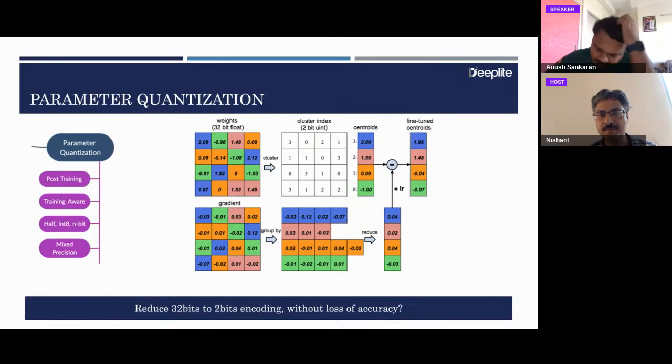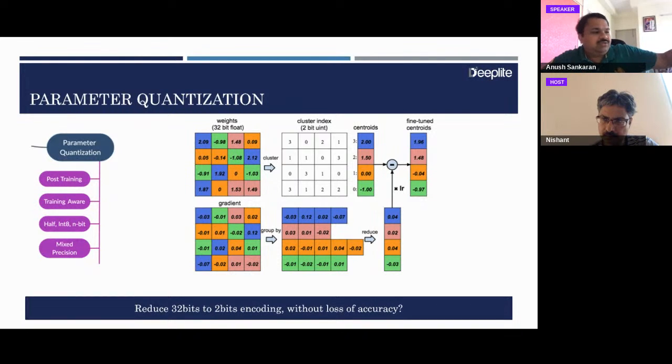Yeah, so when we do 2-bit encoding, Nishant, the point that we need to understand is we do not use just 2 bits. If there are 2 bits, that means there are 4 unique values, right? So what we are saying is that in a convolution layer, each weight value is unique, in the sense that if I have 100 weight values, all the 100 weight values are different.